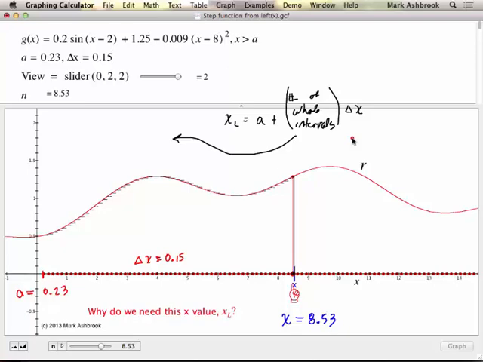So can you figure out a way to generate the number of whole intervals given this information? x is 8.53, a is 0.23, delta x is 0.15. See if you can figure it out without counting. So use math.